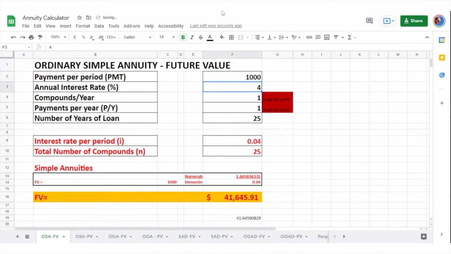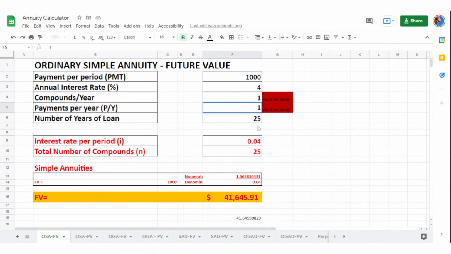The interest rate is 4%. The compounds per year: there's one compound per year and one payment per year. In the case of an ordinary simple annuity, these must be the same, as I've indicated here. And it's for 25 years.